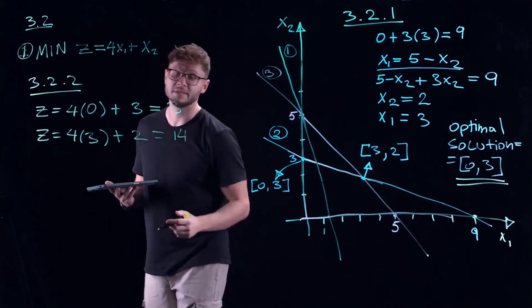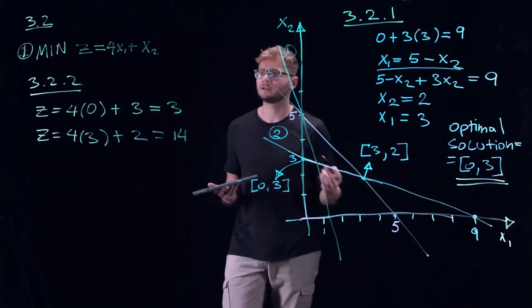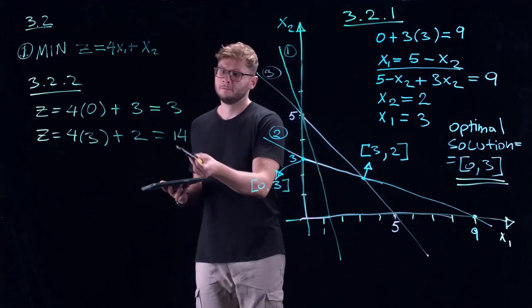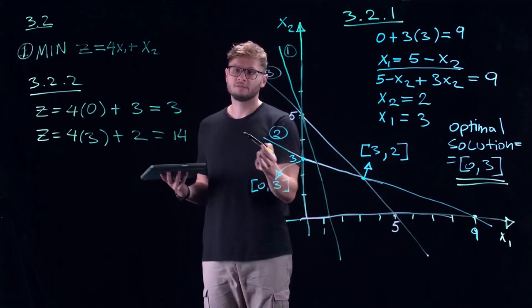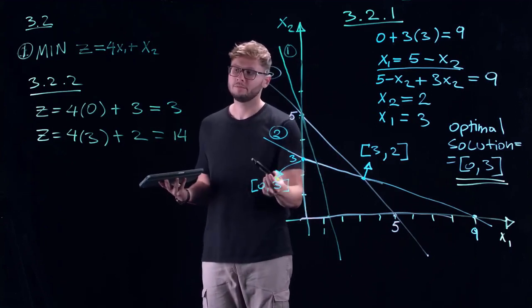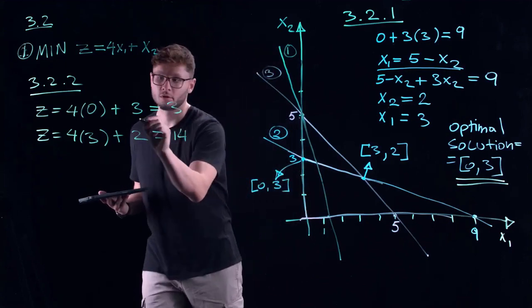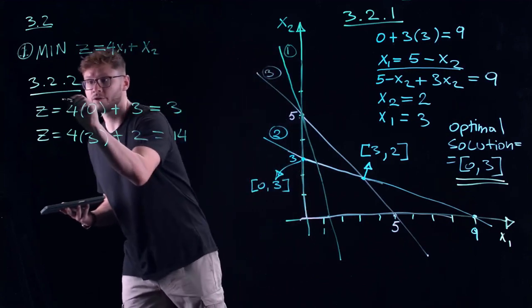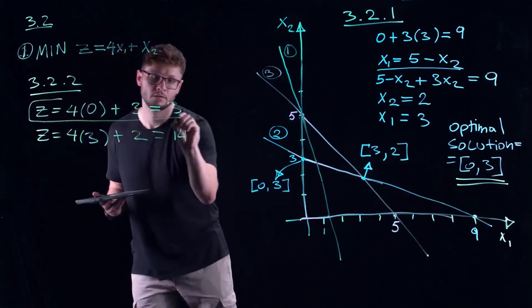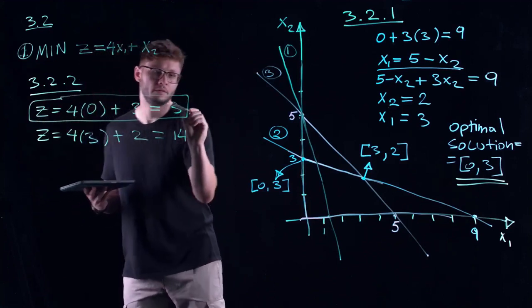Now, since this is a minimization problem, let's say hypothetically you're trying to minimize costs. You would want the smallest value as your optimal solution, right? Because you're trying to minimize something. So here our optimal value to our objective function is 3.